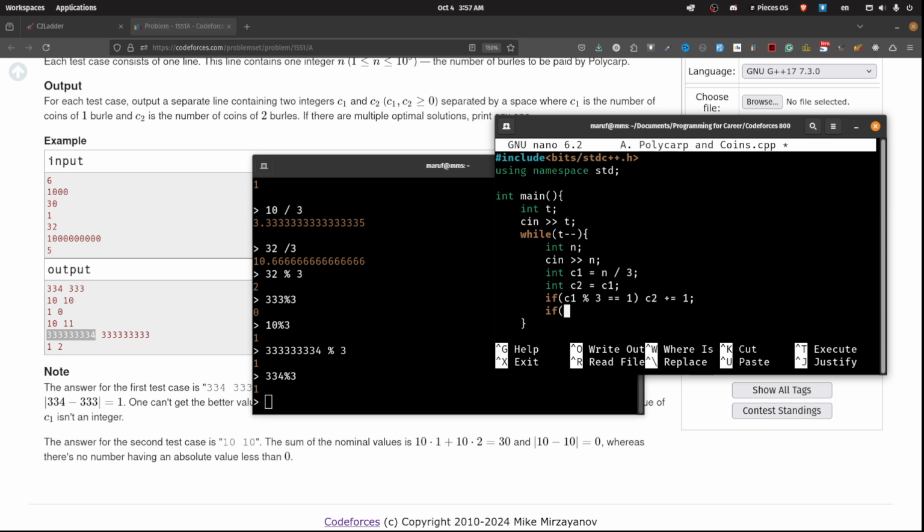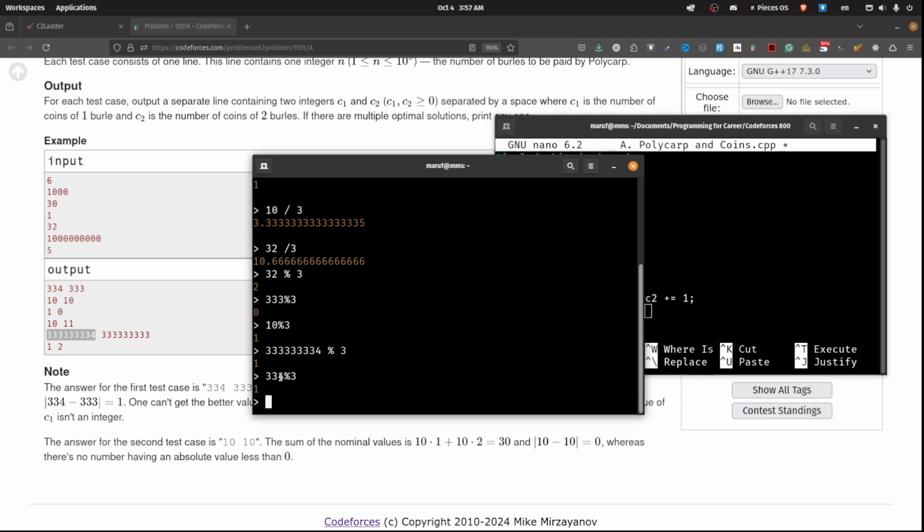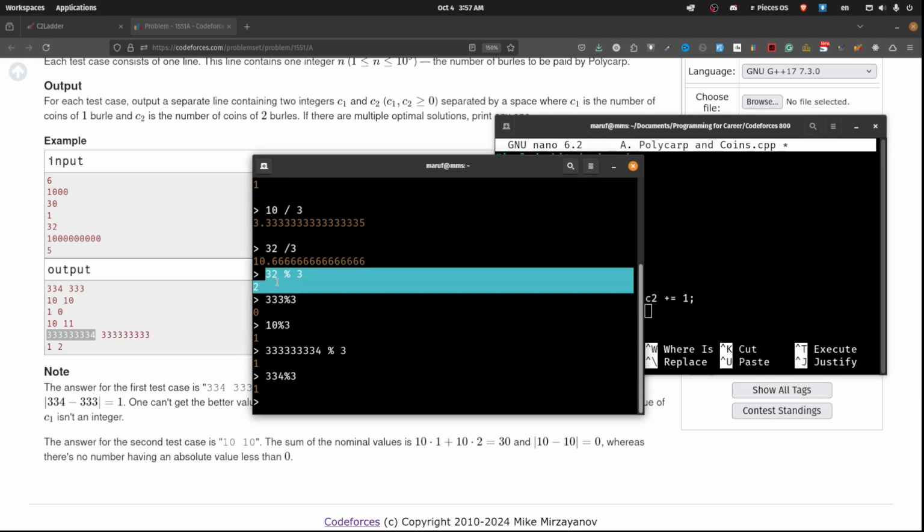Okay, if C1 modulo 3 equals 2, so where do I get 2? 32 is this one. So for 32 I get the same value.